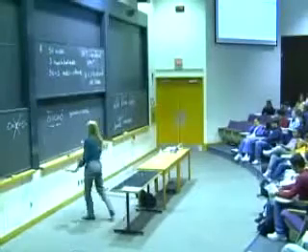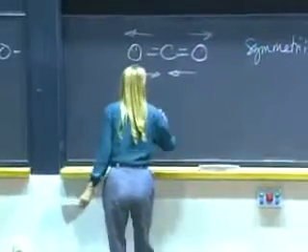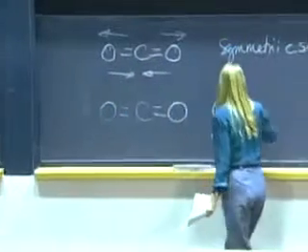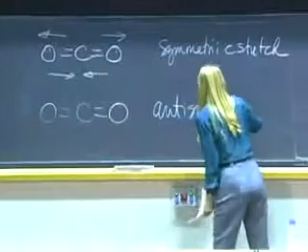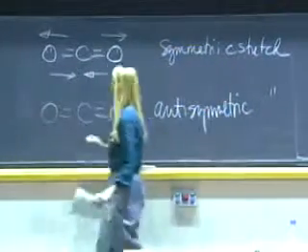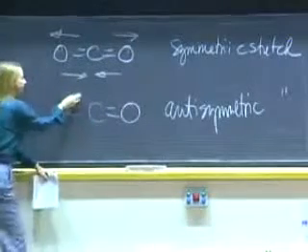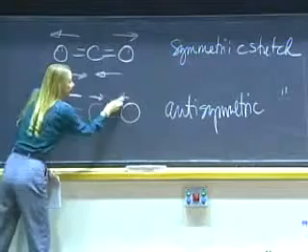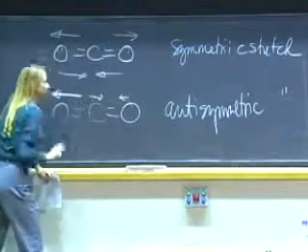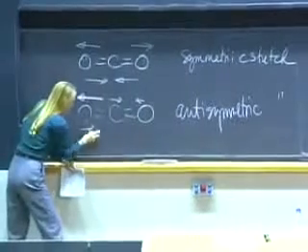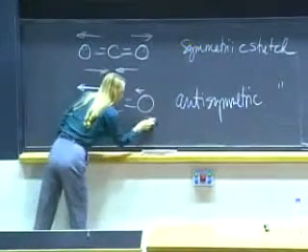What's another vibrational mode? Well, you have a symmetric stretch, so it must mean you have an anti-symmetric stretch. In this case, we've got one oxygen moving out while the other oxygen is moving in, and the carbon is kind of moving in like that too. Or this one's moving in, this one's moving out.